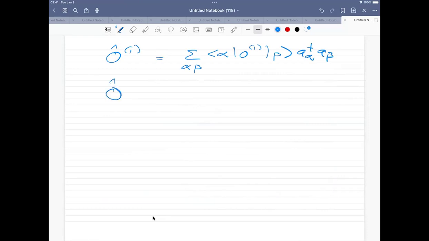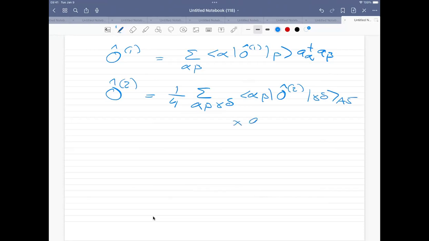And then we have the general two-body operator, which can be written either with anti-symmetrized matrix elements or with just the one matrix element. And then we would have an alpha, beta, and we have the one-body operator and two-body operators of gamma, delta, anti-symmetrized, multiplied with A alpha, A beta.